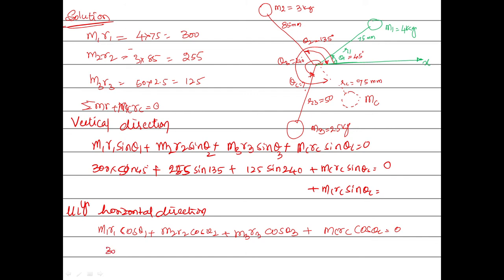Now 300 into cos 45 plus 255 into cos 135 plus 125 cos 240 plus MC RC cos theta C. I'll quickly give the values.